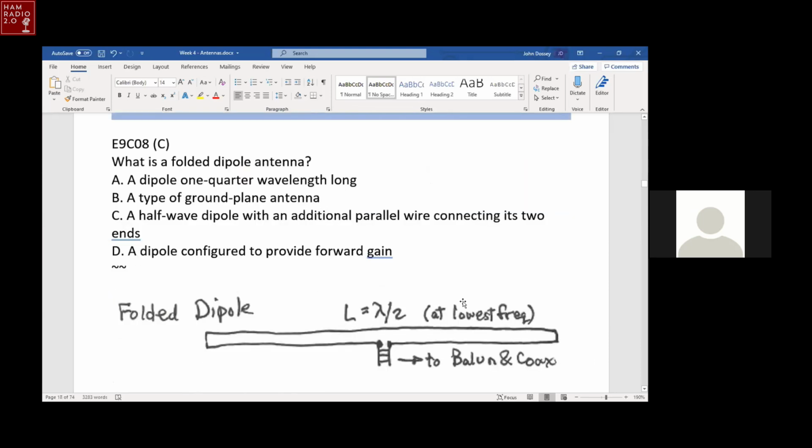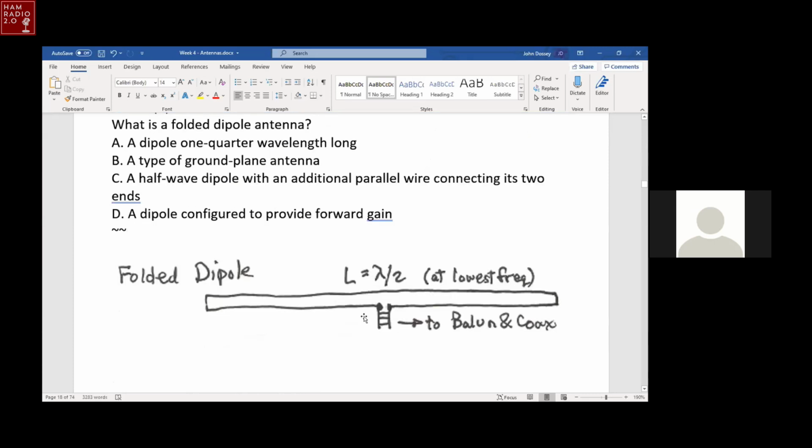So what's a folded dipole? A folded dipole looks like this at the bottom. It's a dipole, that's the bottom pair of lines. The total length is a half wavelength, but there's another wire in parallel with it. And this can be made out of ladder line, like the feed line coming off of it here is a ladder line.